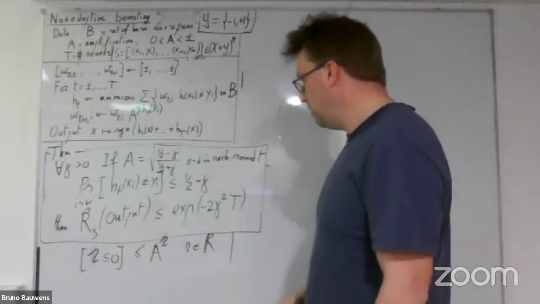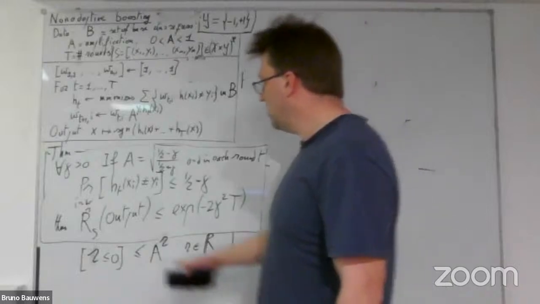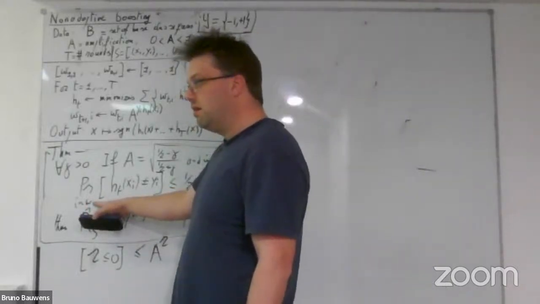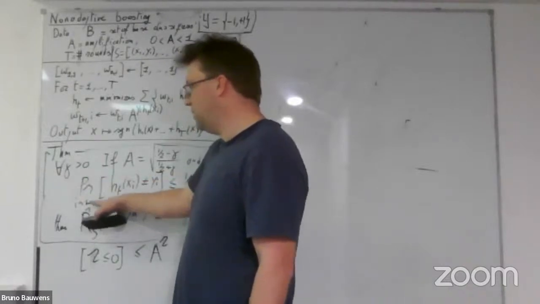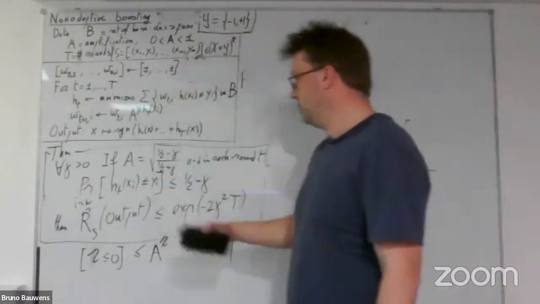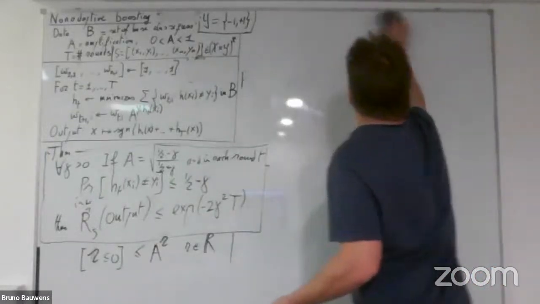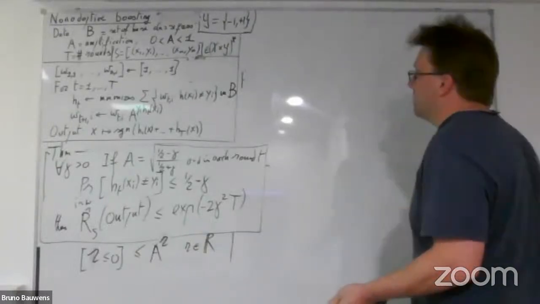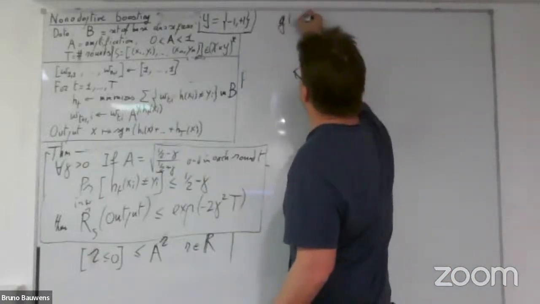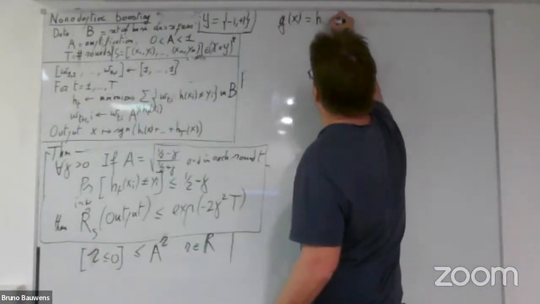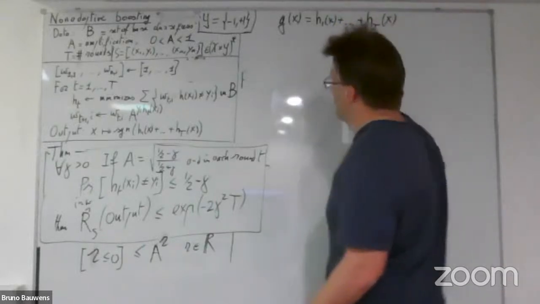In the statement of the theorem there is a probability distributed as W at step T, so we normalize W and get probabilities. I will use a helper function g as the sum of all h, so let us have g of x equal to h1 of x plus up to hT of x.